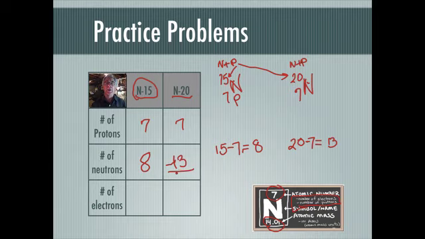And that's the thing that typically will change. Sometimes the electrons do a little bit. I'll show a couple of problems where the electrons do change. But for the most part, because they're stable elements, we're going to balance our protons, which are, of course, positive, with electrons that are negative. So this is also going to be 7.